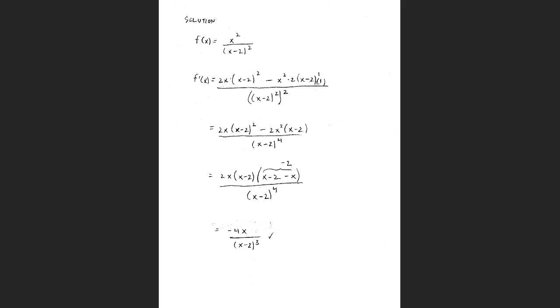Let me try that again. What's the common factor between these two terms? Two times x minus 2. That's right. Well, John, x minus 2, but also you have a 2x.